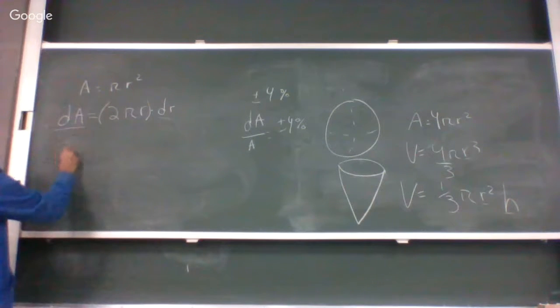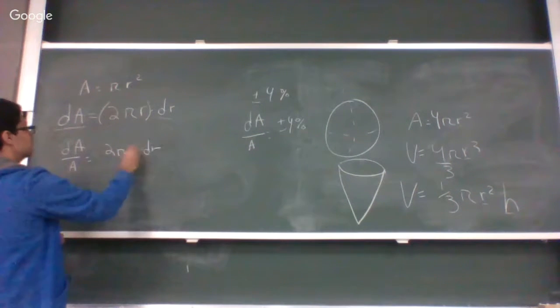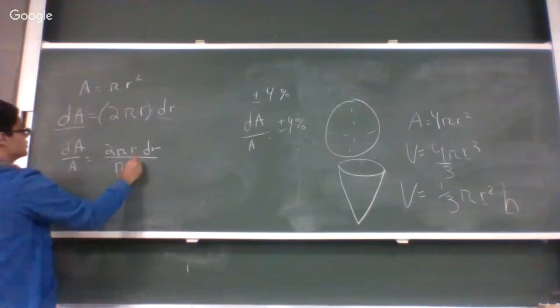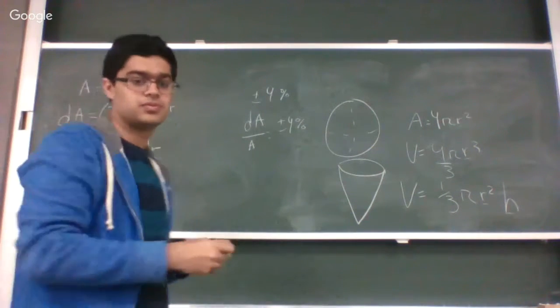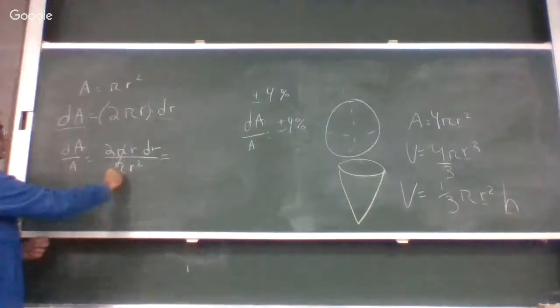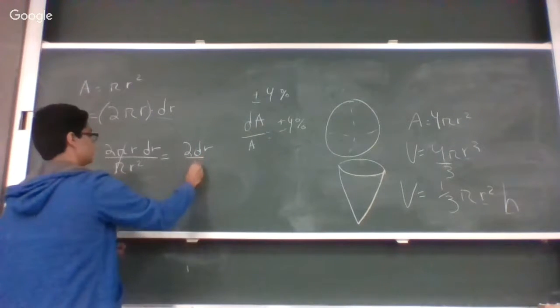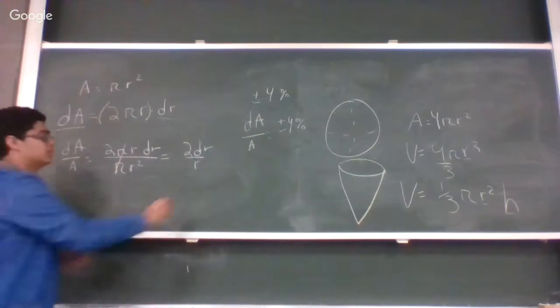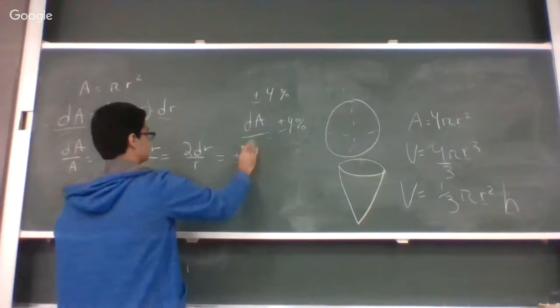So we can do dA over A equal to 2 pi r dr over pi r squared, equal to 2 times dr over r, equal to plus or minus 4%.